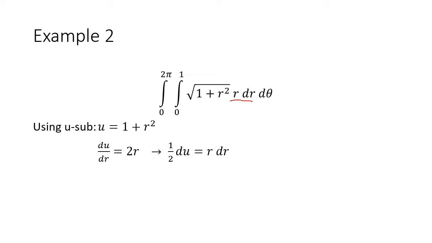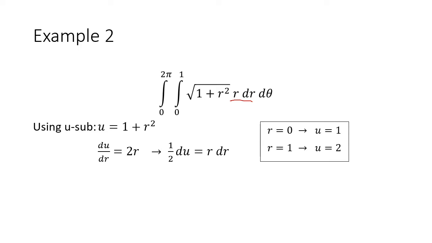When I substitute, let's also change my bounds of integration. So when r was 0, if I plug that into my new expression for u, 1 plus 0 squared is just 1. And when I plug in my other bound 1, well, 1 plus 1 squared is just 2. So those give me my new bounds of integration. My 1/2, that constant, gets factored out in front of the entire thing.